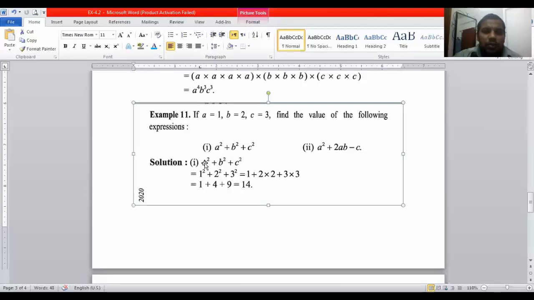Instead of a, we write 1, it becomes 1 square. Instead of b, we write 2 square. Instead of c, we write 3 square. 1 square is 1, 2 square is 2 into 2, 3 square is 3 into 3. It is 1 plus 4 plus 9 equals 14.